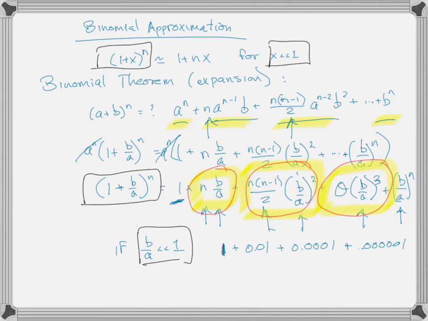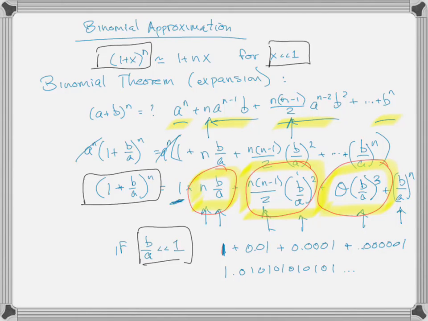Is that 0.01 to the third? I think it is. And go on and on and on. So in the end, we have 1.010101010101 dot dot dot.